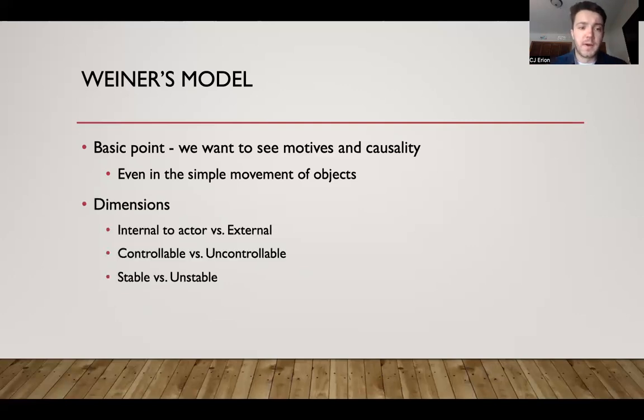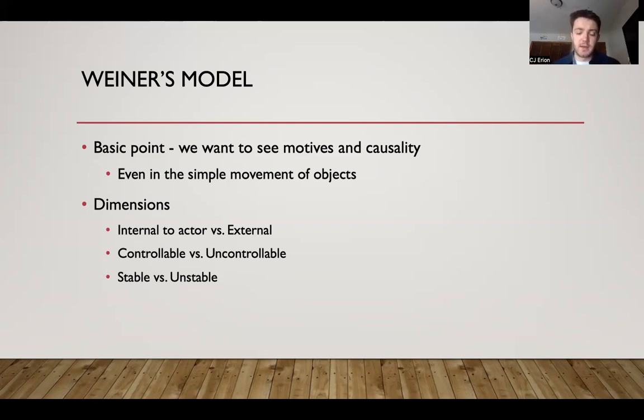So with Weiner's model, there are a few dimensions that cover what we are trying to make attributions for. We are trying to make attributions regarding whether or not that behavior is due to something internal with the actor or something external, some situational aspects.